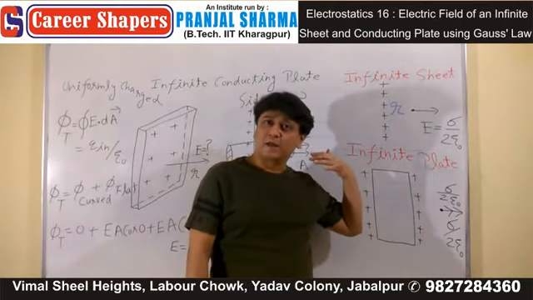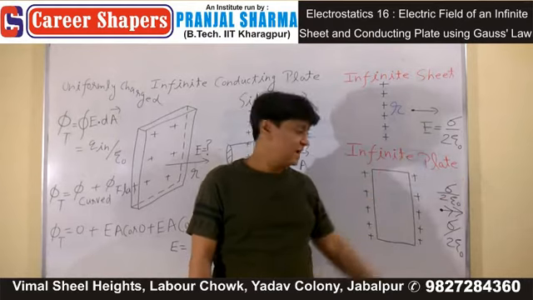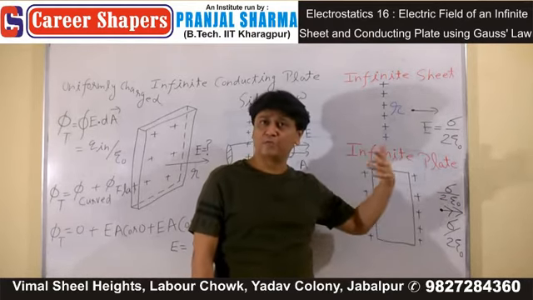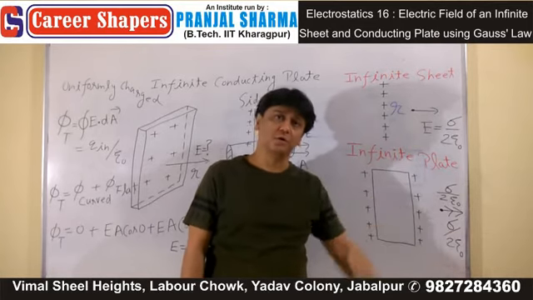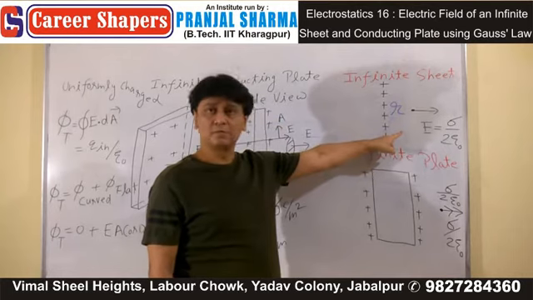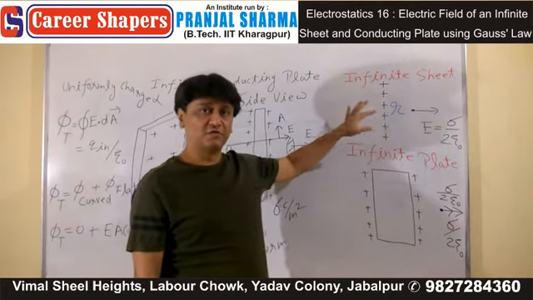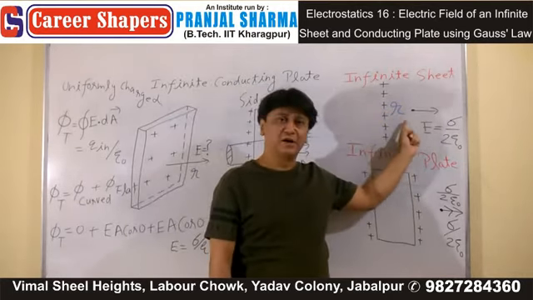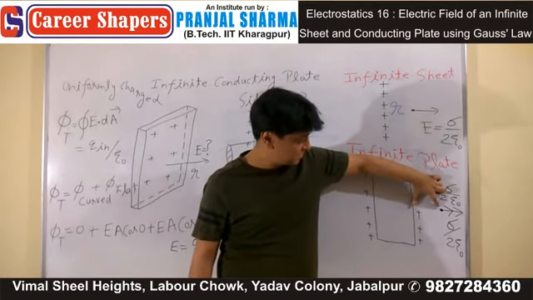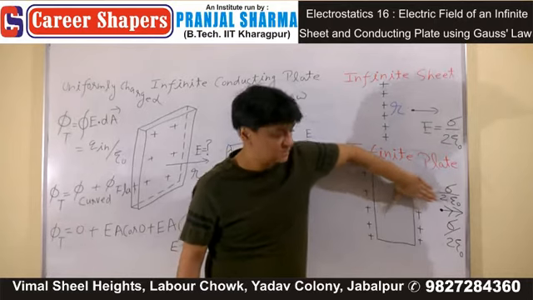Now, our intuition says that this charge is closer and therefore the electric field should be more powerful. But we have found that the electric field of an infinite sheet is independent of R. And therefore it doesn't matter whether you are at this distance or at this distance.